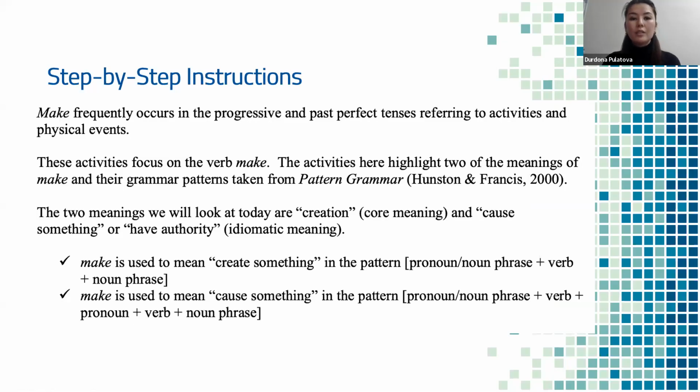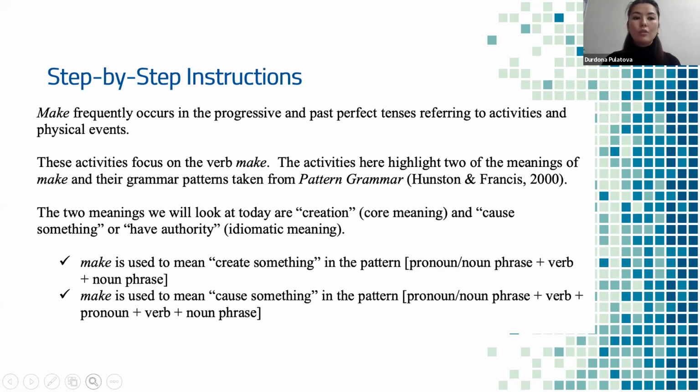For the step-by-step instruction, I reviewed linguistic features of the verb make, which was the topic of the lesson. So you can see here, as a teacher trainer, I explained that we chose one topic, the verb make, and that they had to teach two meanings of the word make.